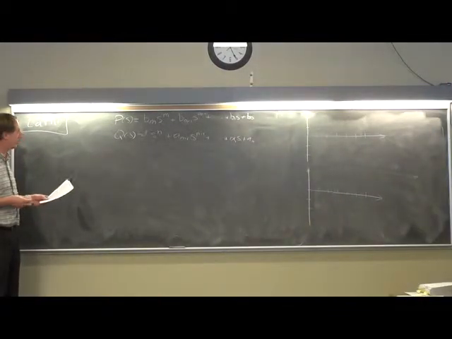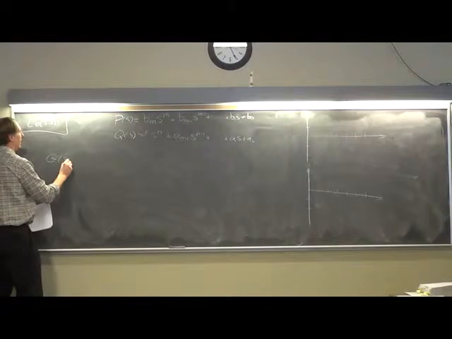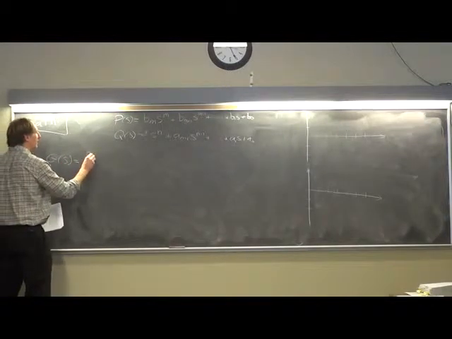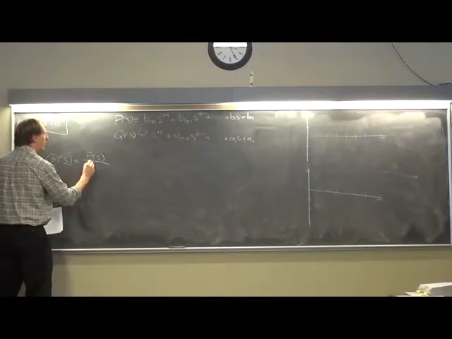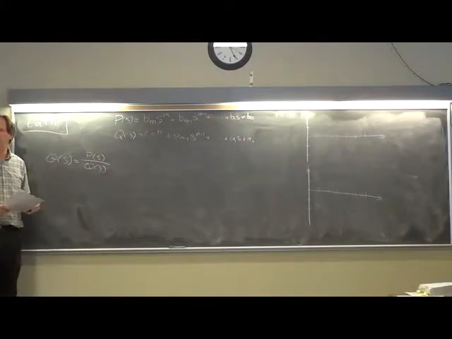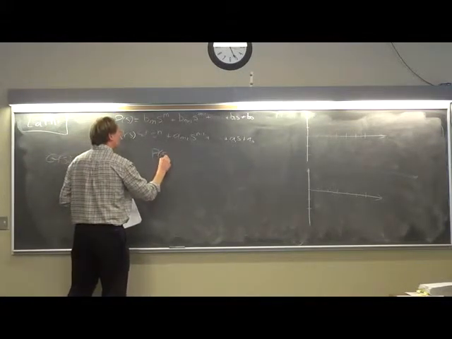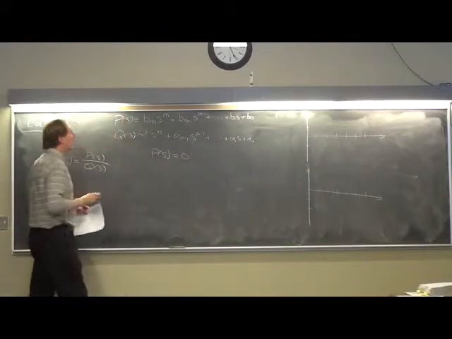Questions? Keep going. Poles and zeros. So we're talking about a transfer function that's the ratio of this polynomial to that polynomial. A zero is the solution to the equation p of s equals 0.